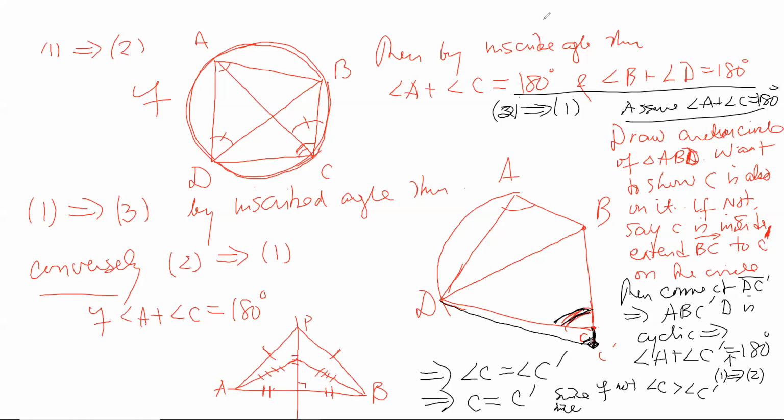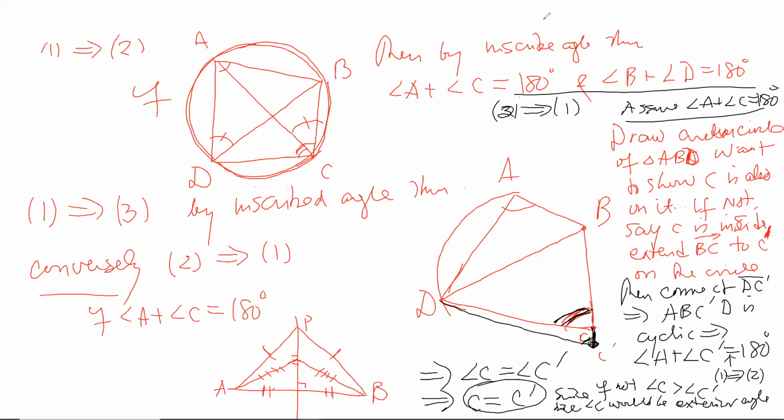Since angle C would be the exterior angle of CDC prime, which is a contradiction. Does it make sense to you? And that proves that 2 implies 1.